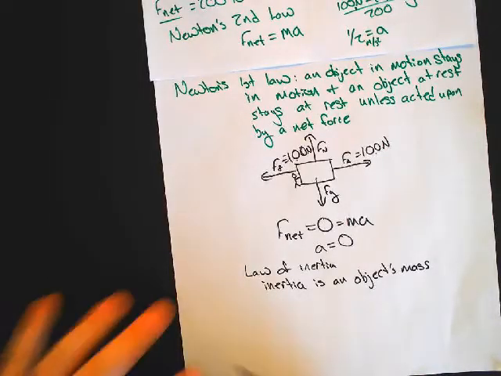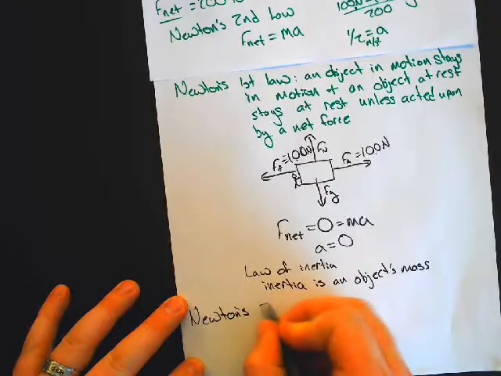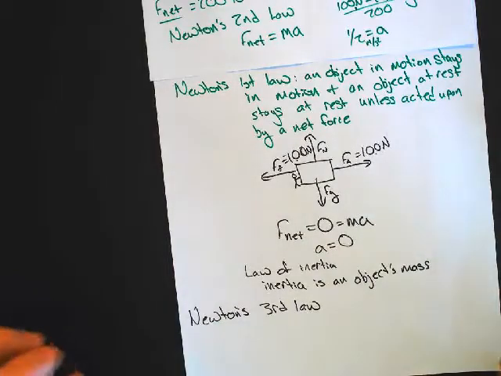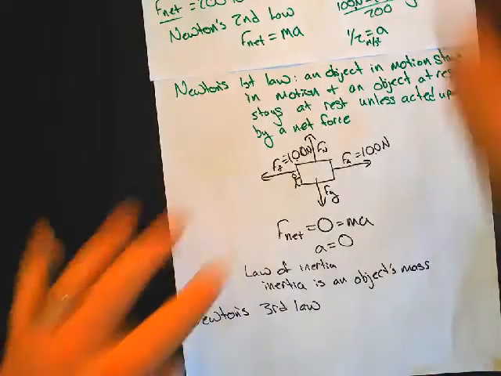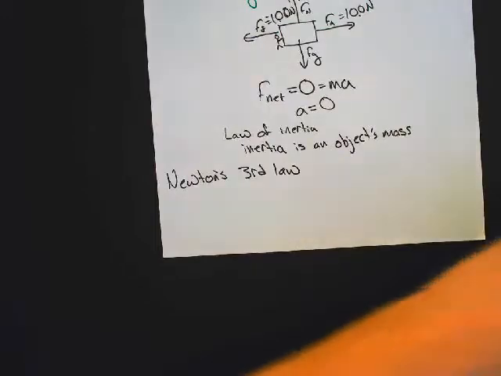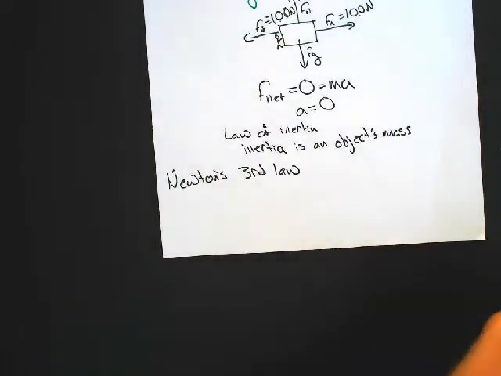All right, Newton's third law. Laws of motion, 3. We only learned, well, for his laws of motion, we learned 3. But there are other laws we talked about that he came up with.